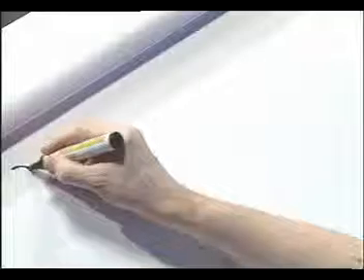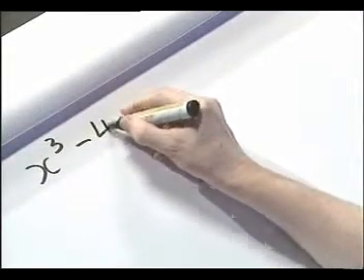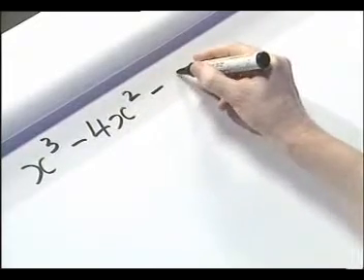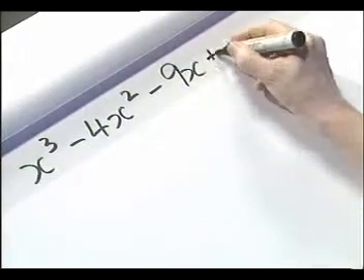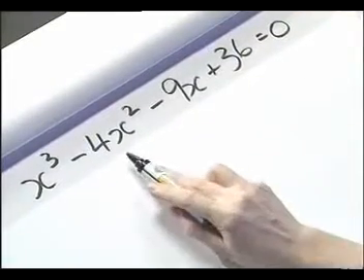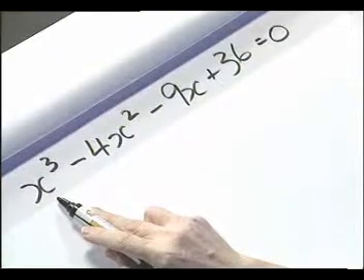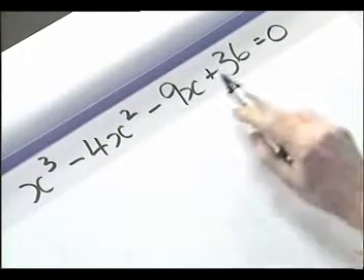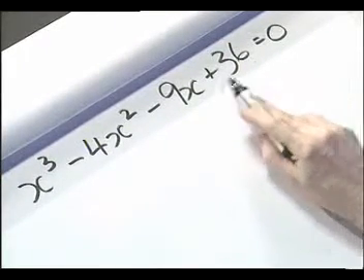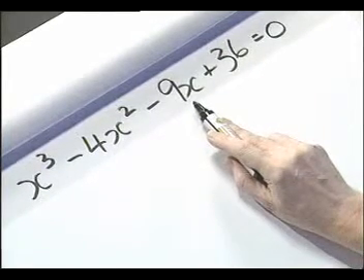Sometimes you may be able to spot a factor. In the equation x cubed minus 4x squared minus 9x plus 36 equals 0, the coefficient of x squared is minus 4 times the coefficient of x cubed, and the constant is minus 4 times the coefficient of x.